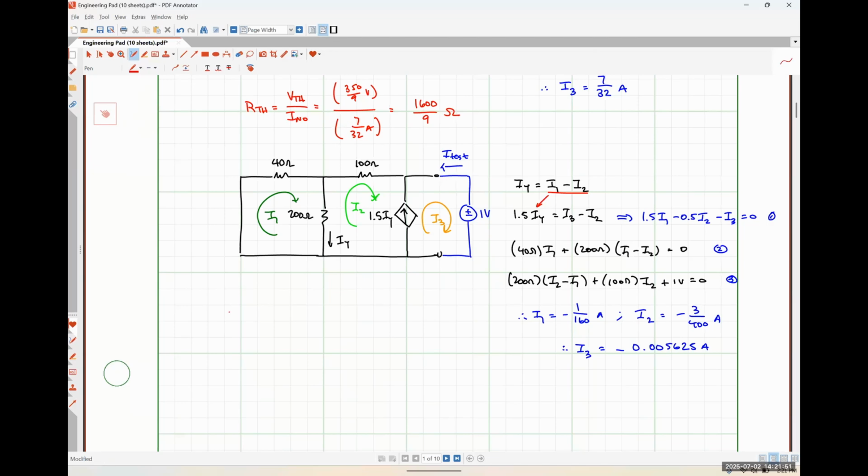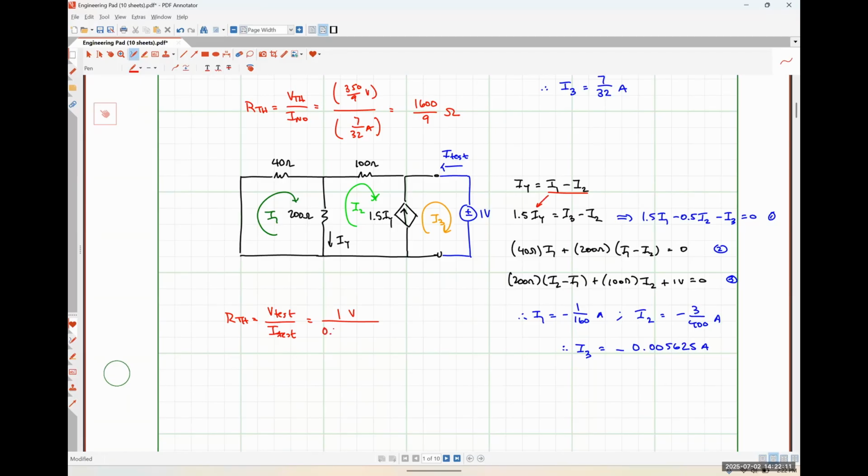From here, our Thevenin resistance is going to be V test over I test, which is going to be 1 volt divided by I test. I test is simply negative I3.